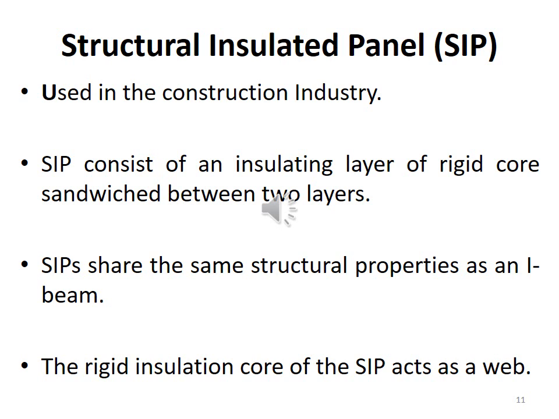The structural insulated panels share the same structural properties as an I-beam or I-column. The rigid insulation core of the structural insulated panel acts as a web, while the sheathing fulfills the function of the flanges.